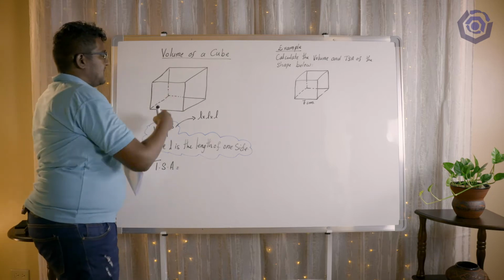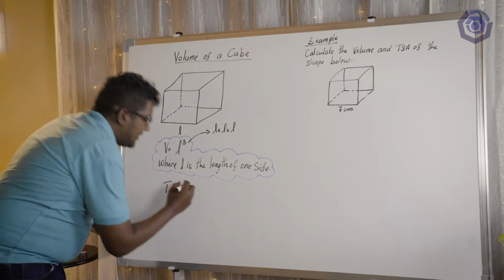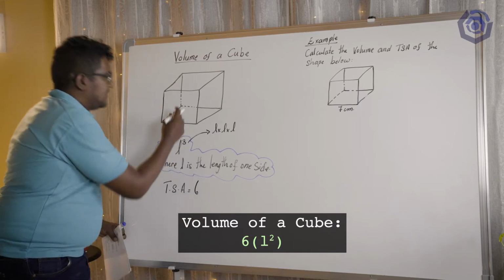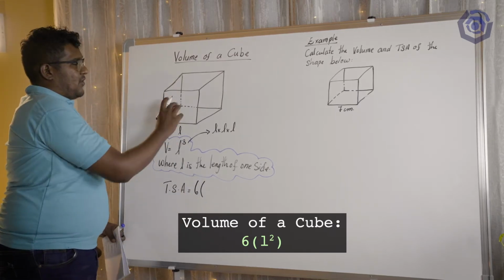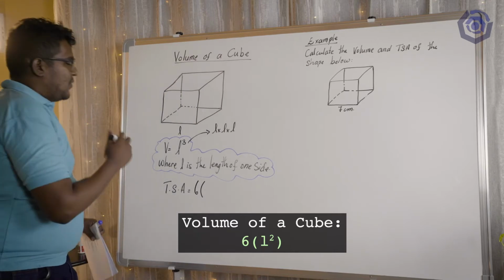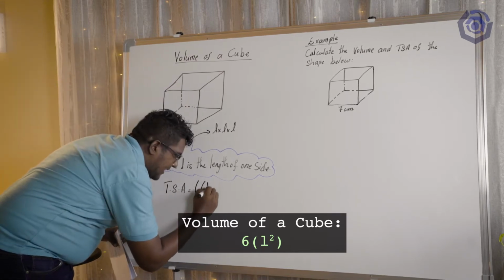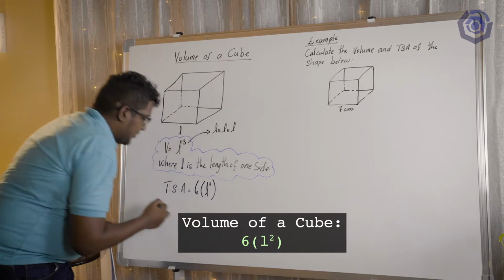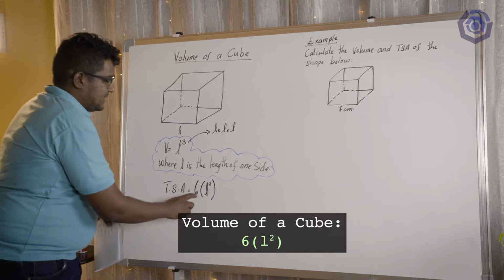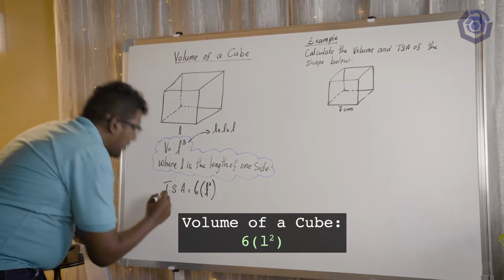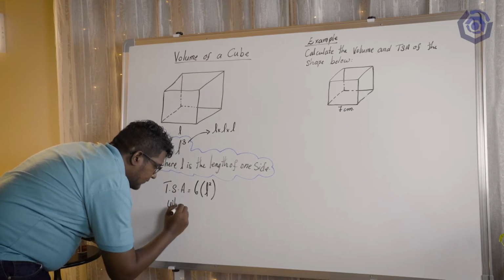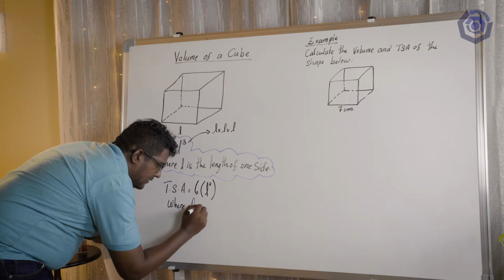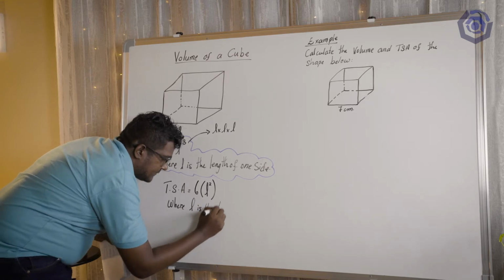So since we have 6 faces, it's 6 faces multiplied by the area of one of our faces, and the area for one of our faces would be L square. So your total surface area formula is 6L square, where L is the length of one side.